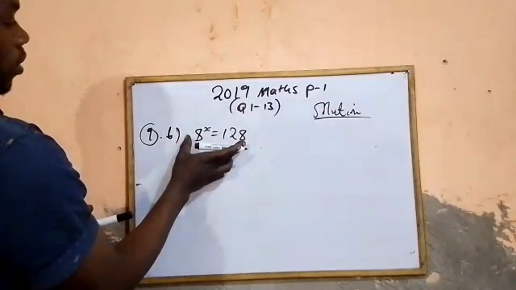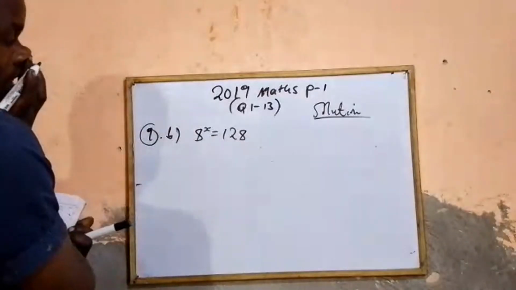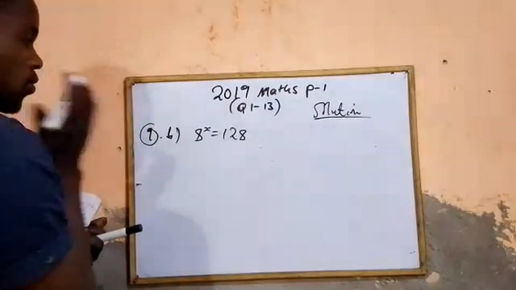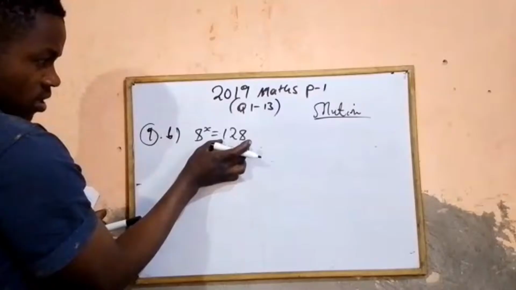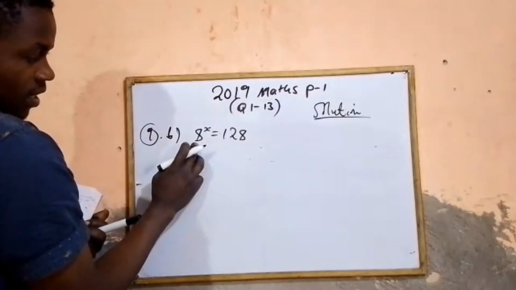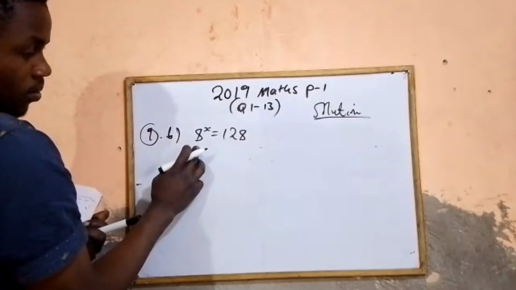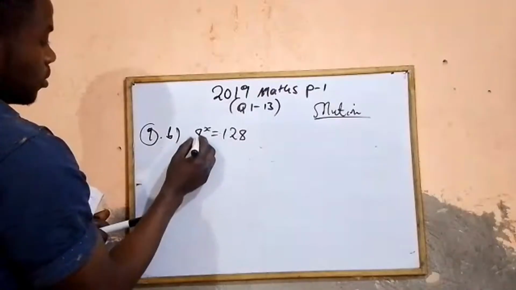So how do we find the value of x from this exponential equation? So first of all, you must look. Can we reduce this 128 to have, let's say, 8 to the power 2 or to the power 3? We're not going to get 128. So let's reduce this 8.